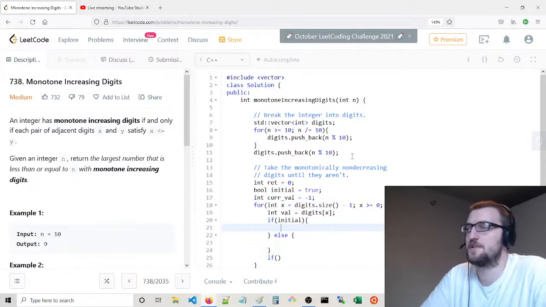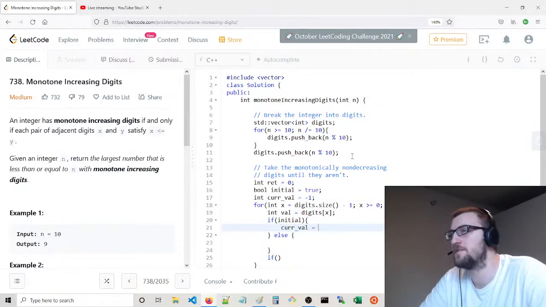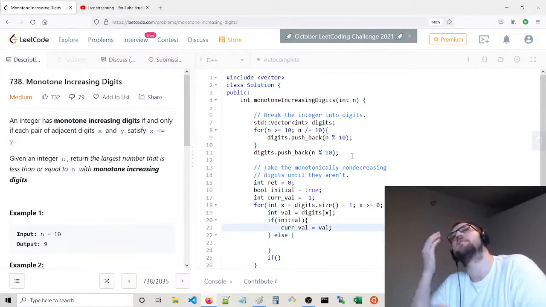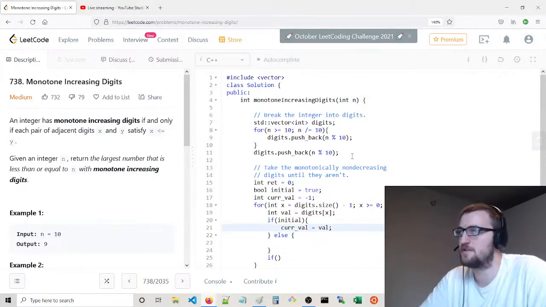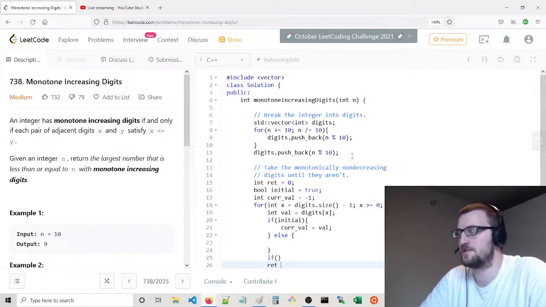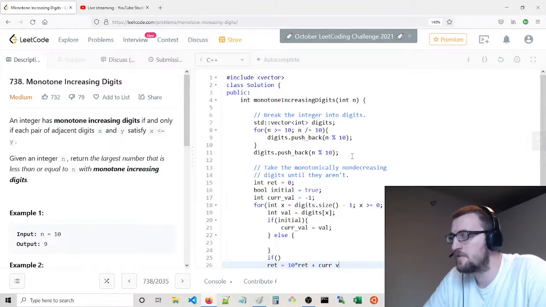So if there's an initial value, we're going to say current value equal to value, and we're gonna add ret. Now the tricky thing is we're going left to right, so yeah, we are going to do maybe something like this. We're going to update our current value.